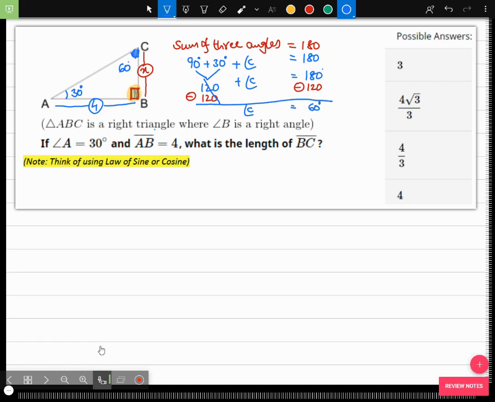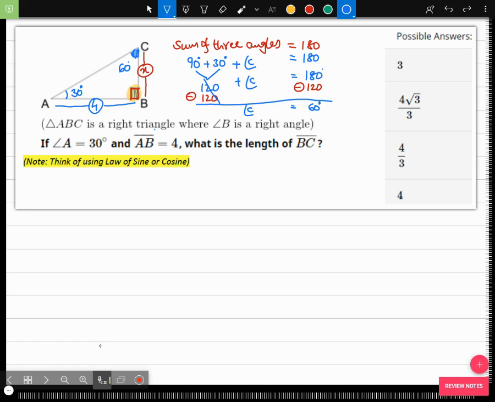The question is, what is x? Please notice that here I know two angles, 30 and 60. Opposite to 60 degrees I see 4 units. Opposite to 30, this is missing. Now think of law of sine and law of cosine. In fact, the same clue is given.